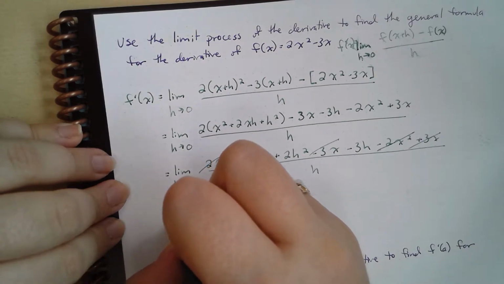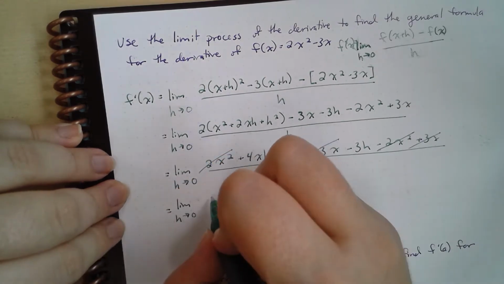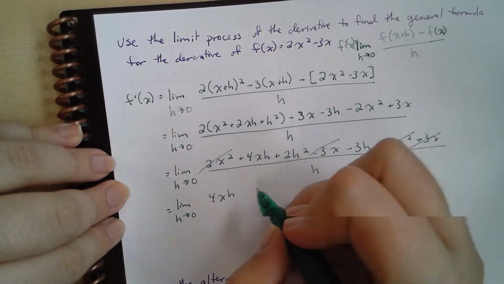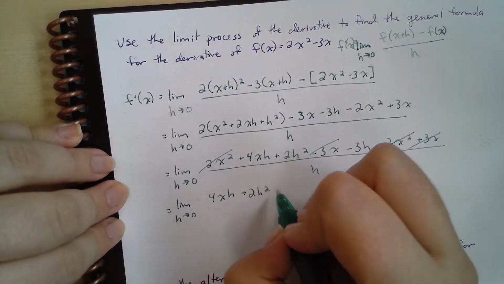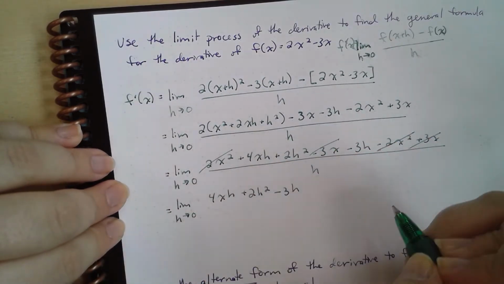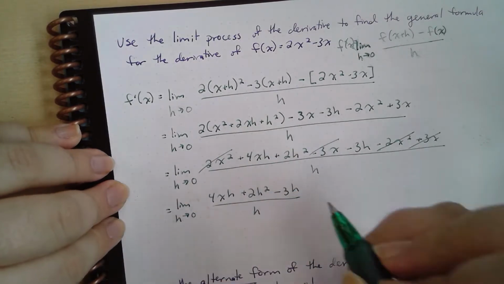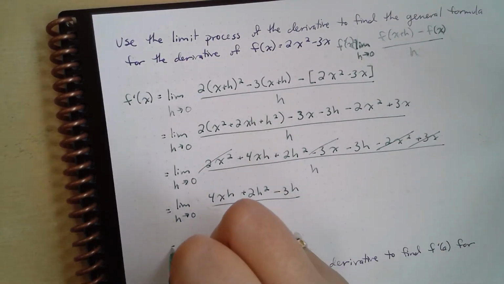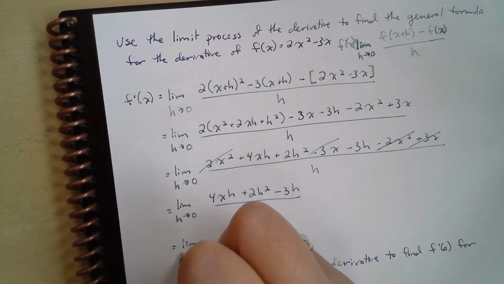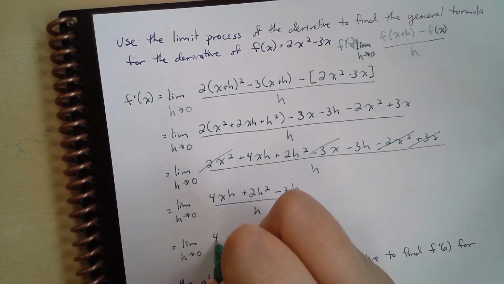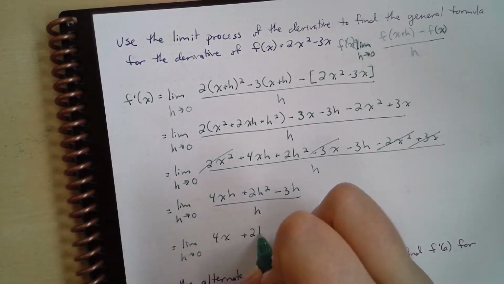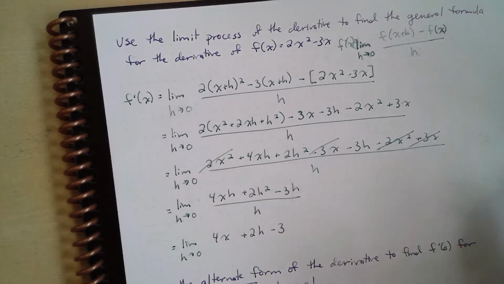So now I've got the limit as h approaches 0 of 4xh plus 2h squared minus 3h all over h. I can divide h in. So this is the limit as h approaches 0 of 4x plus 2h minus 3.